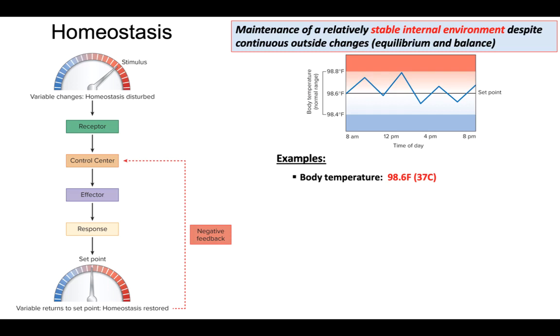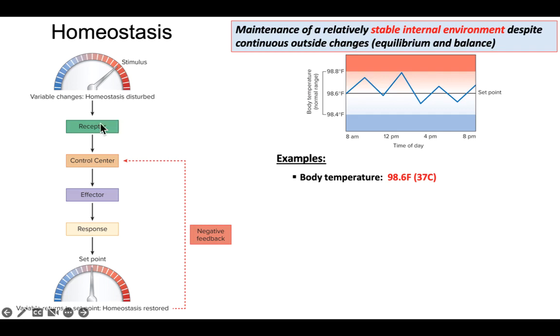So whenever we have a condition that goes out of the range, we call that a stimulus. So a stimulus in this case could be high body temperature, or the stimulus could be low body temperature. So that is a disturbance. So homeostasis was disturbed. We have to be able to detect that.